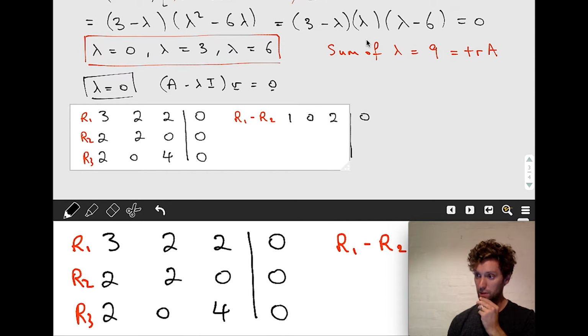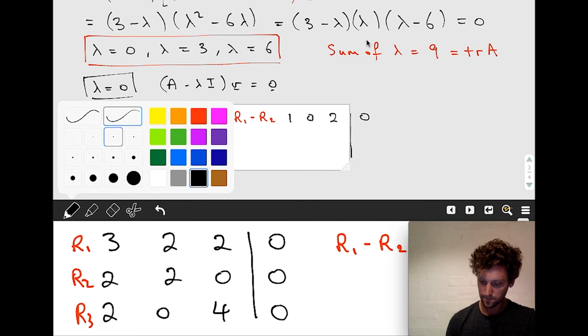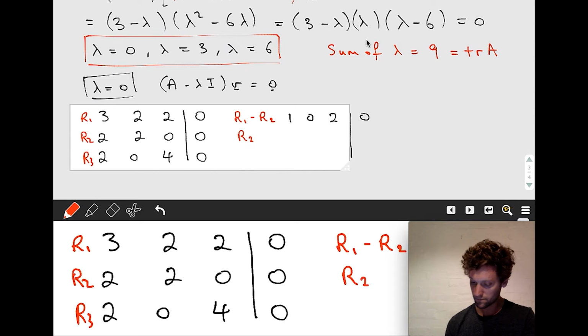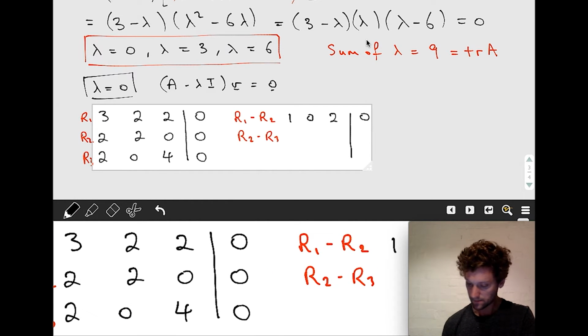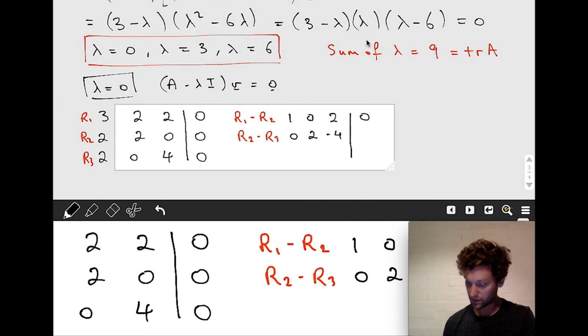Let's see what we can do about that second row. Well, I could take row 2 minus row 3, to give me 0, 2 minus 0 is 2, 0 minus 4 is minus 4, and again I've got 0 on the right hand side.